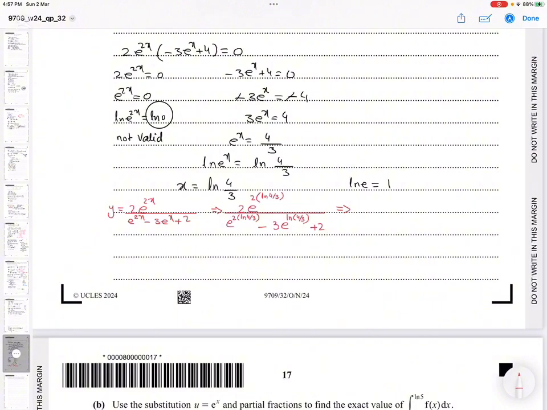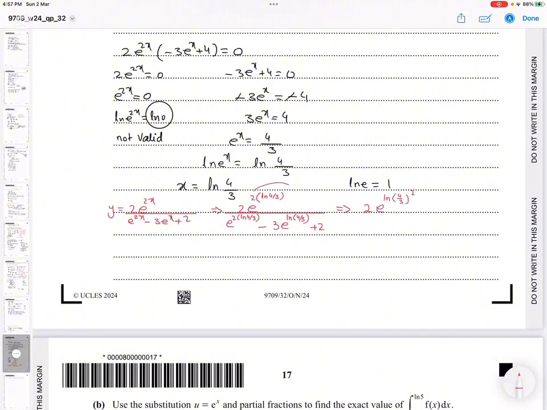We should know that e to the power ln cancel each other out. So let's first simplify this and cancel them. 2e^(ln(4/3) squared).